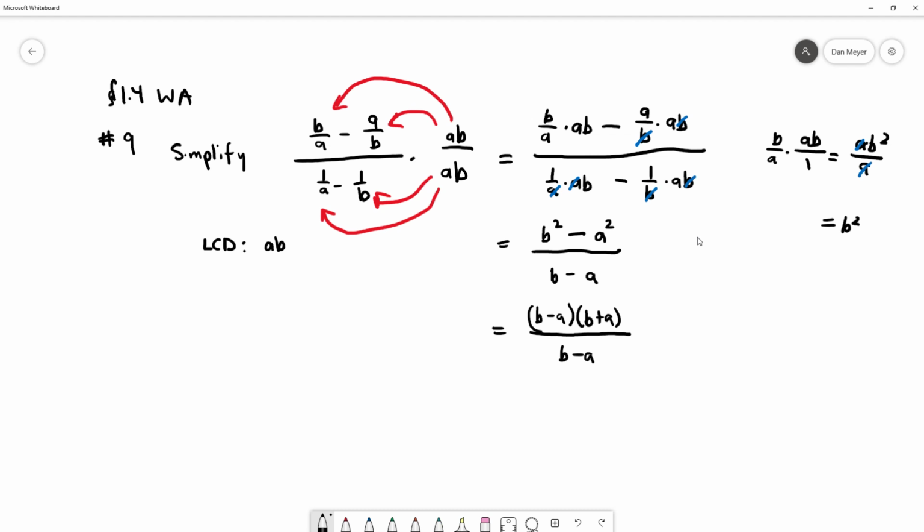And now once again, I have my numerator written as a product of two terms, b minus a times b plus a, and my denominator is a product of just one term. And my numerator and my denominator share a common term, so I can go ahead and cancel that term, and all that's left is b plus a.